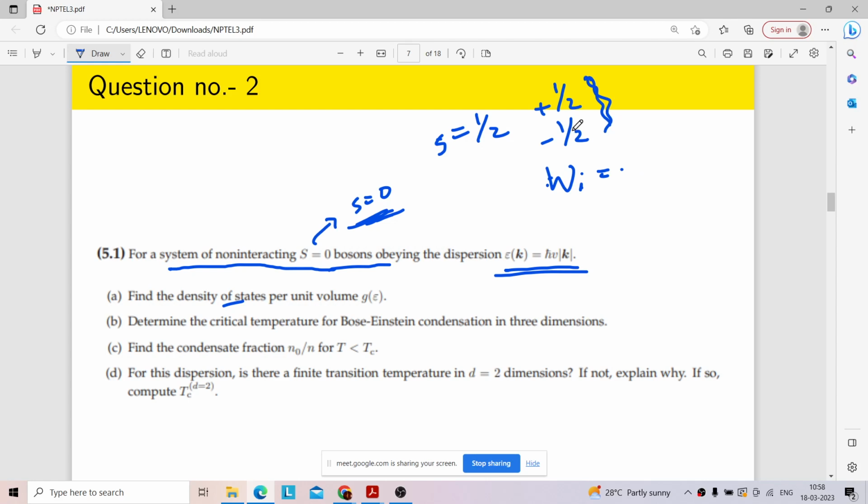For fermions, like spin-half particles, no two identical particles can occupy a single state. As they have different spin, I can put two spin half particles, with plus half and minus half, in a single energy state.